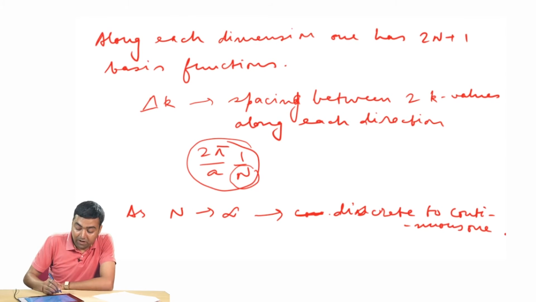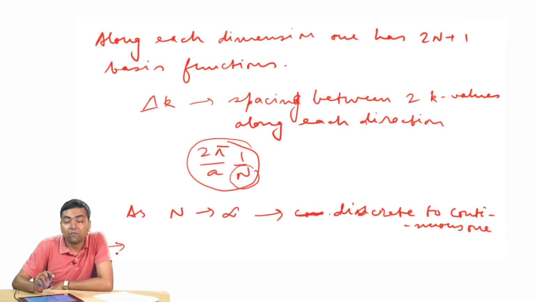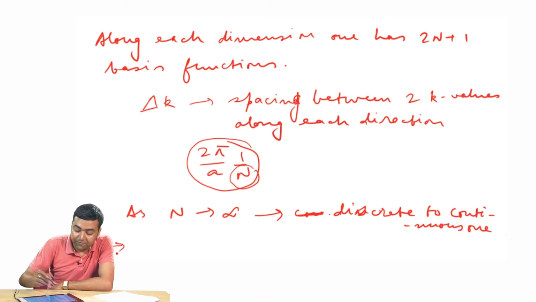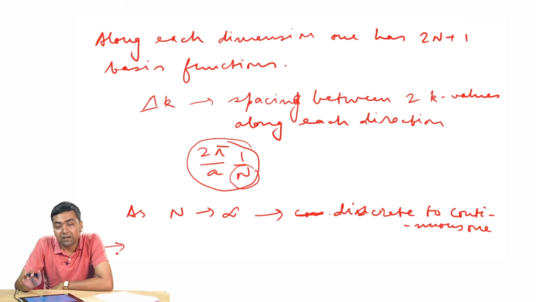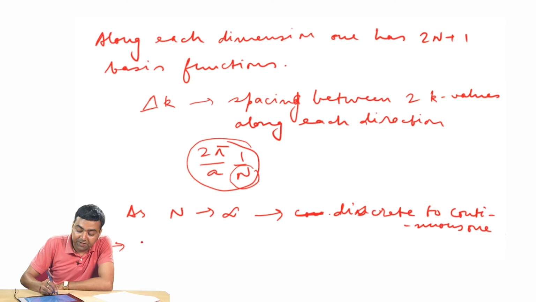And as you might have recalled, so far what we were using is plane waves. So, e to the power i k dot r, this is just the functional form of a plane wave. So, this basis is also called a plane wave basis.